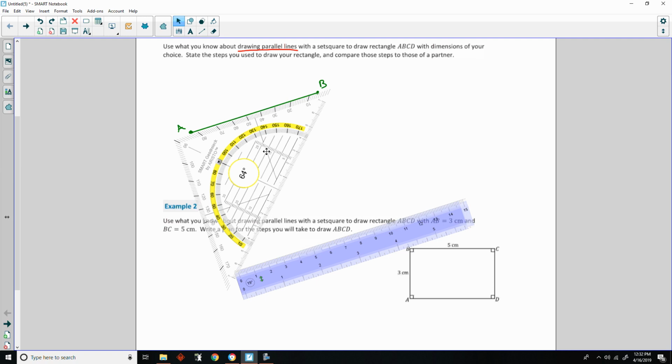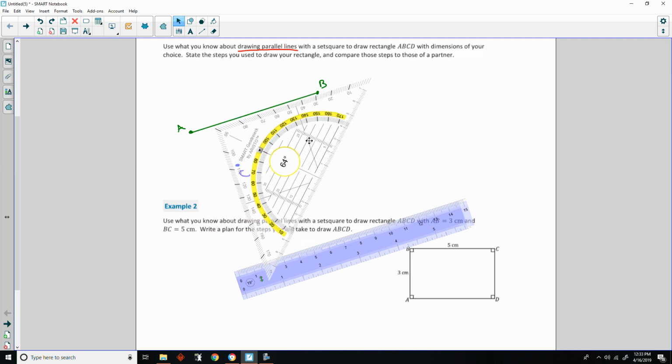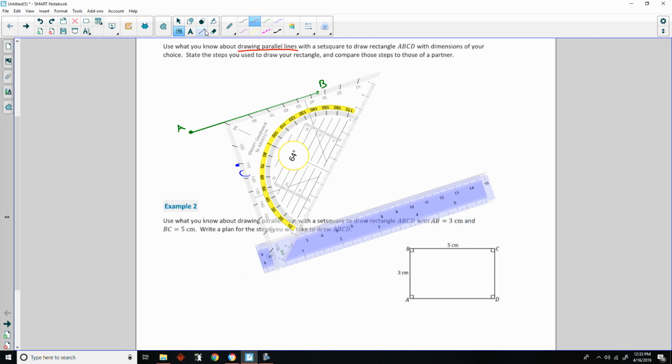But since you wouldn't have an electronic version, all you would do is take this ruler or this geo square and set it right on the line like so, and then draw. So I know what the angle is. What I would do is use my ruler as a guide.